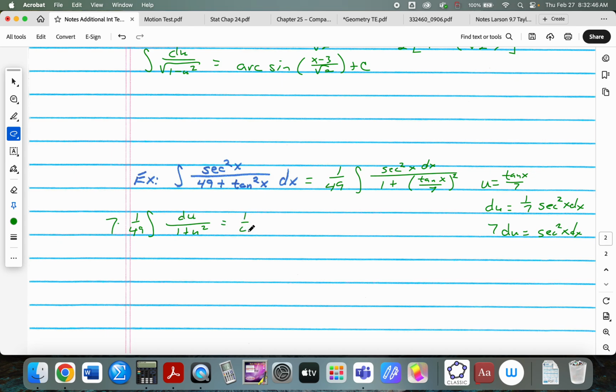So that's 1/7 of the arctangent of u, which is tangent of x over 7, all plus c.